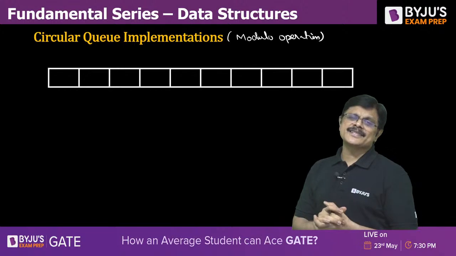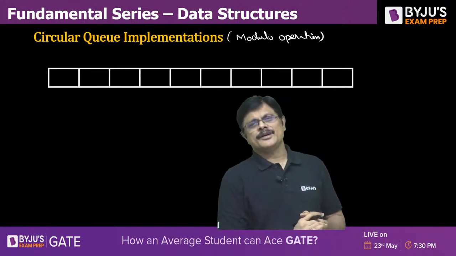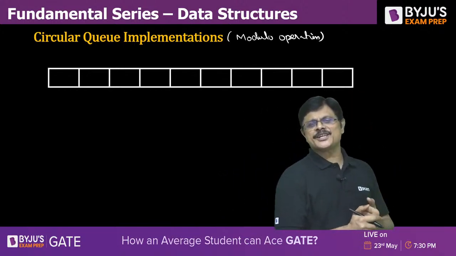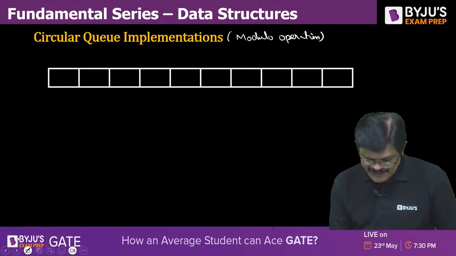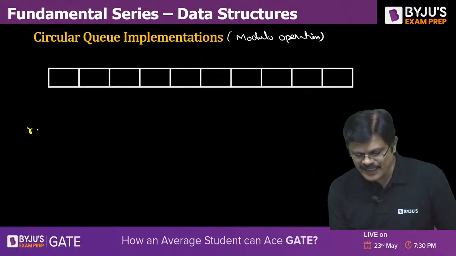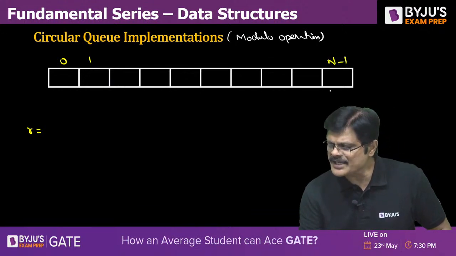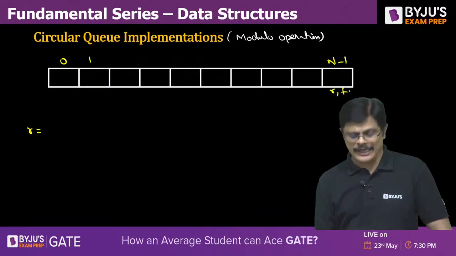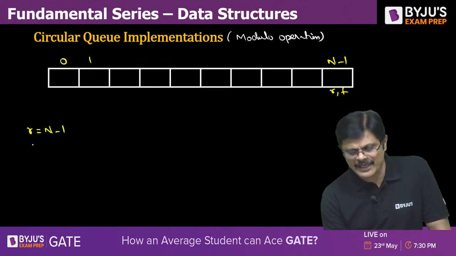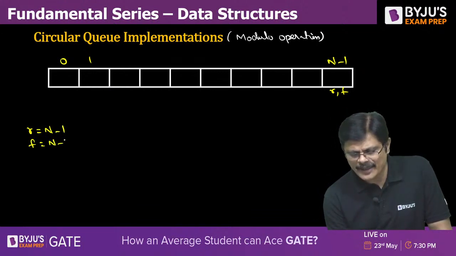And for this circular implementation, the most popular implementation uses this idea. They keep rear and front initially equal to, suppose this is going from 0 to n minus 1. Initially they make rear and front equal to n minus 1. Rear is equal to n minus 1. Front is equal to n minus 1.